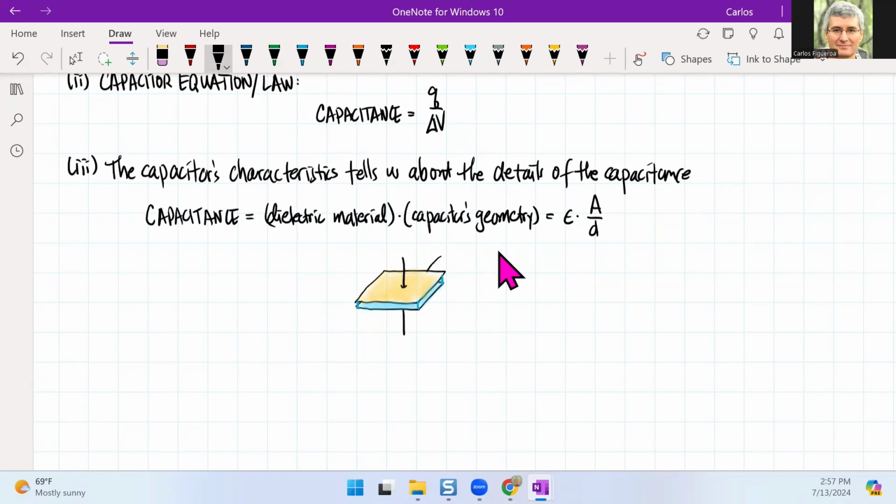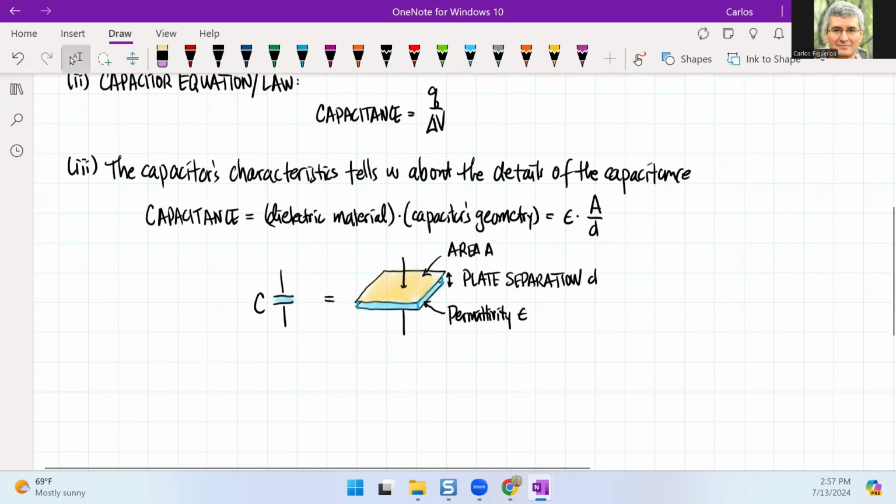So what does this tell us? That tells us about the area. This tells us right here about the plate separation, D, and then of course inside here is the permittivity, epsilon. It tells us about the dielectric. And so we replace this with this symbol for the capacitor. So that tells us all about those details.